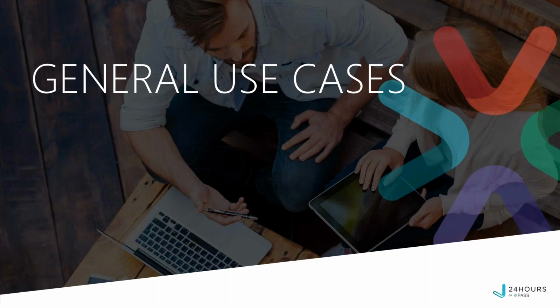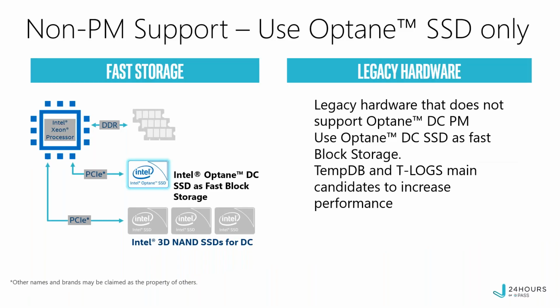So let's talk about some regular or general use cases. That's more of an overview. I won't be going into any numbers because they differ a lot from case to case. My first scenario would be: I have hardware, but there's no persistent memory support. In this case, you can use Optane SSD as a fast block device.